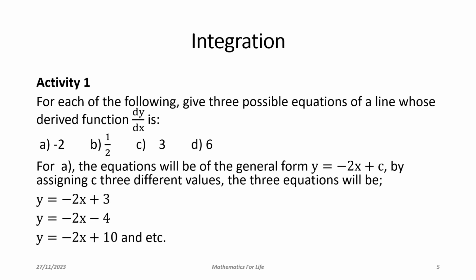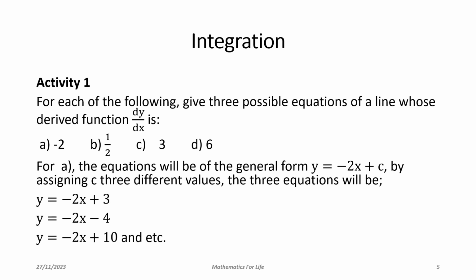For the first one, the equations will be of the general form y = -2x + c. By assigning c 3 different values, the 3 equations will be y = -2x + 3, y = -2x - 4, and y = -2x + 10.